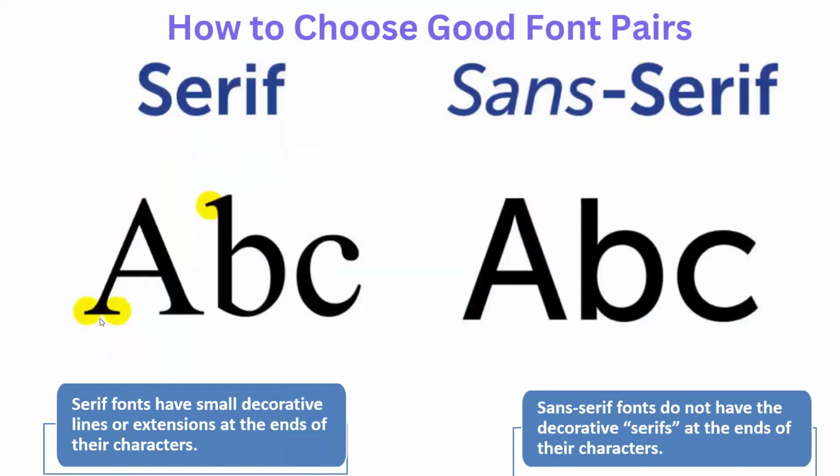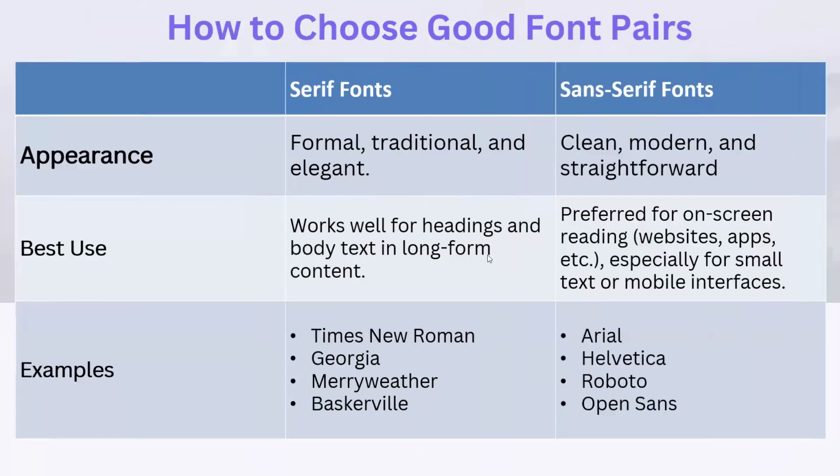These decorative lines or tails can deter someone from reading information on a small screen, especially if it is long. So for that reason, we recommend you use serif fonts for headings and sans for the body or the information. To illustrate, I have Arial, Helvetica, Roboto, and Open Sans as examples.